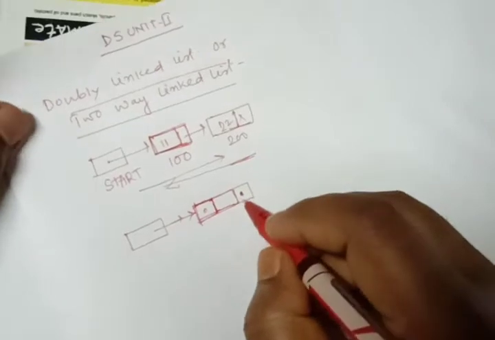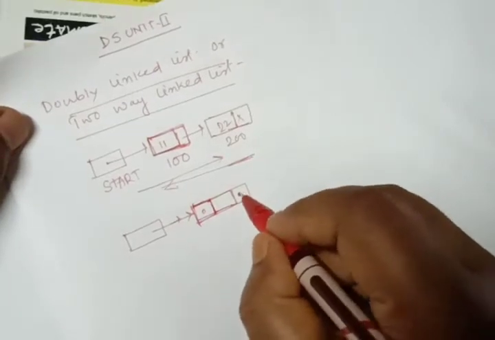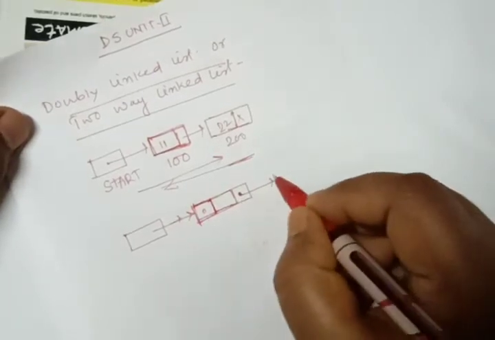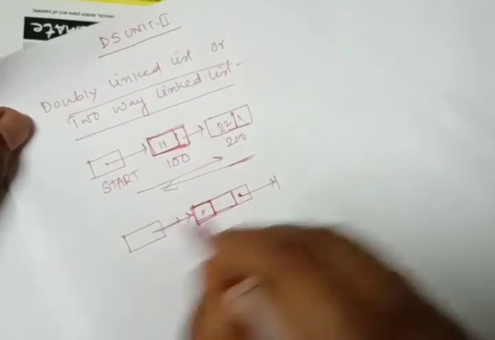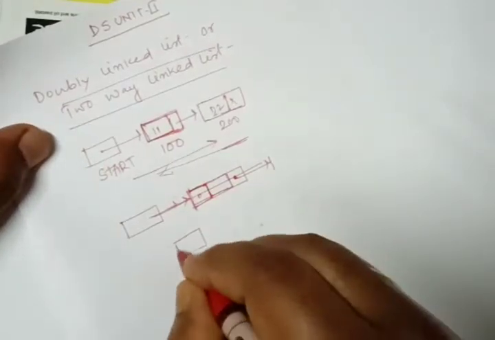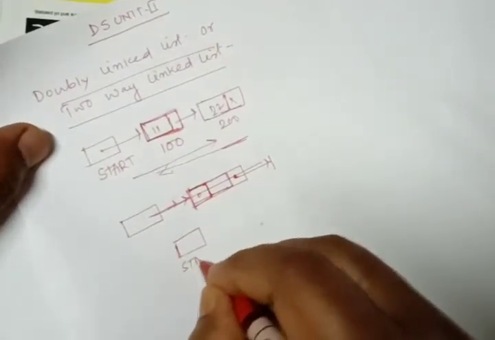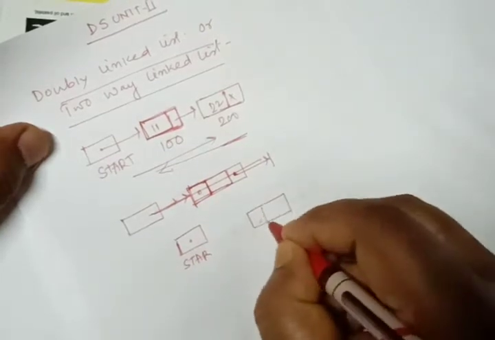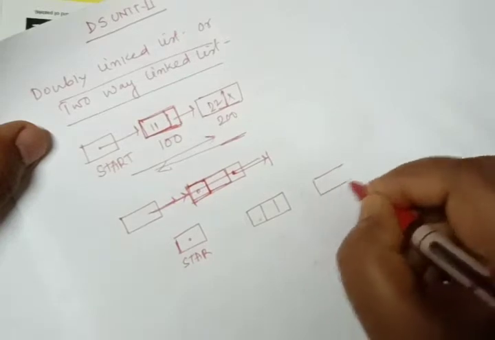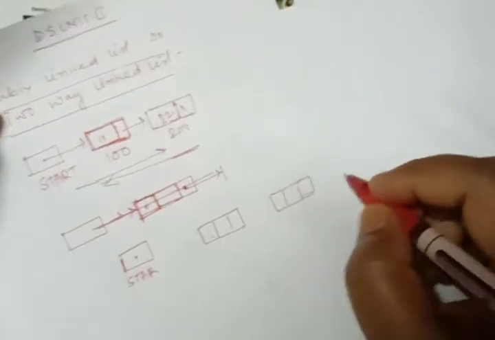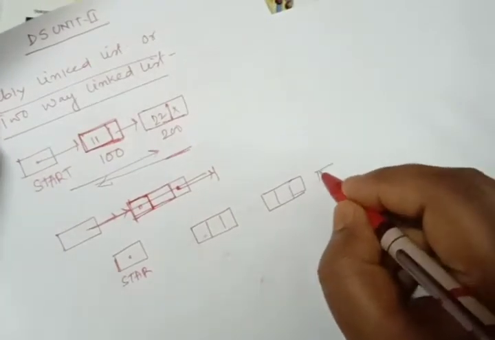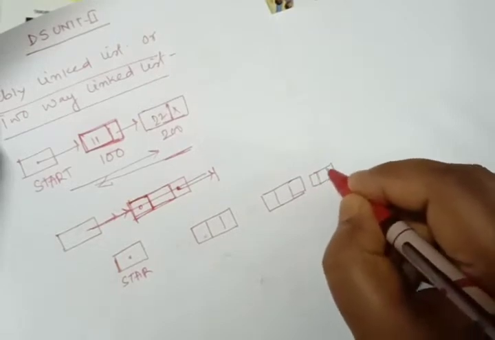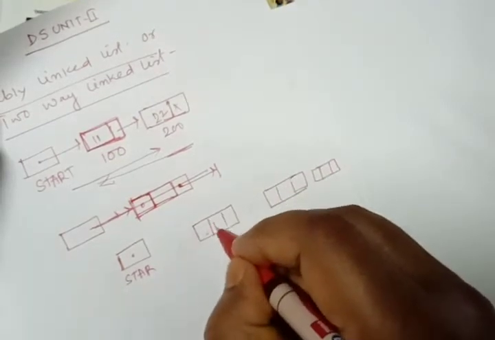Now I am preparing one two-way list. Here you can see, suppose this is the starting address of the node, and this is a node in a two-way list. Suppose these are the information.